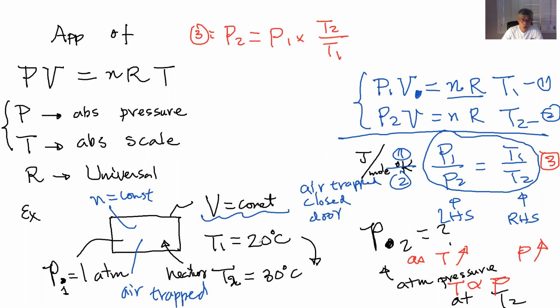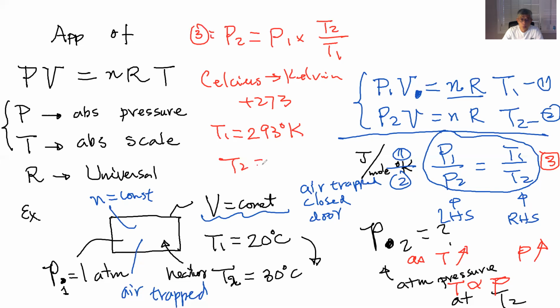Now let's change this to the Kelvin scale. This is Celsius, so from Celsius to Kelvin, it's just adding 273. So T1 is equal to 293 degrees K, and T2 is equal to 303 degrees K. All you have to do is put the P1 there.